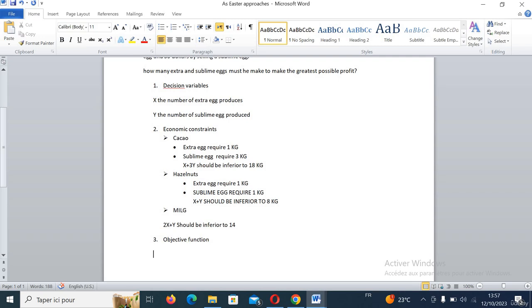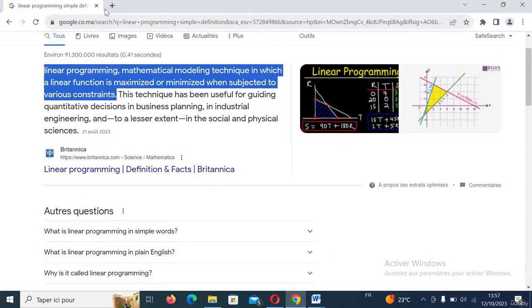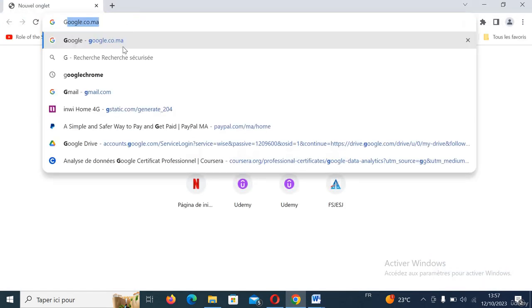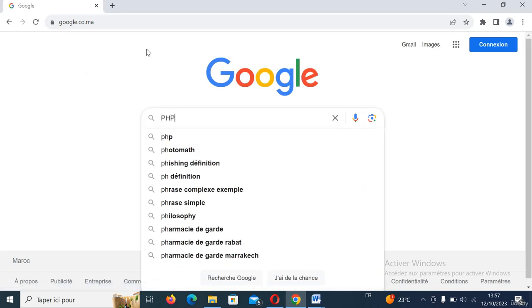That means we define the objective function as 20x, where x is the number of extra eggs produced, plus 30y, where y is the sublime eggs produced. Now, as we defined all of this, we write the associated mathematical problem. To do that, we're going to move to a famous site called PHP Simplex.